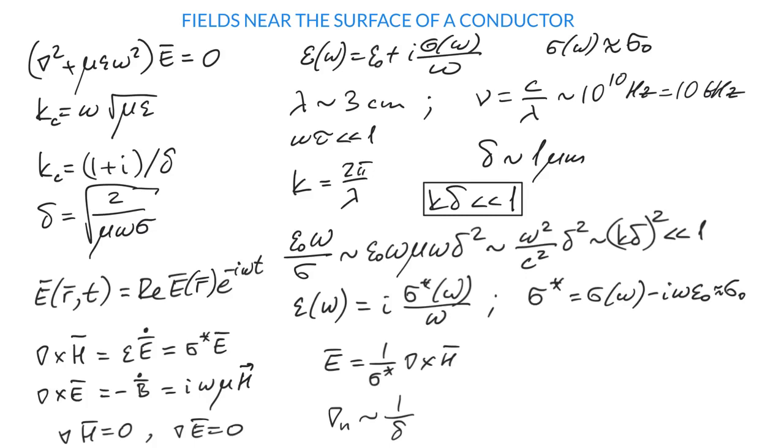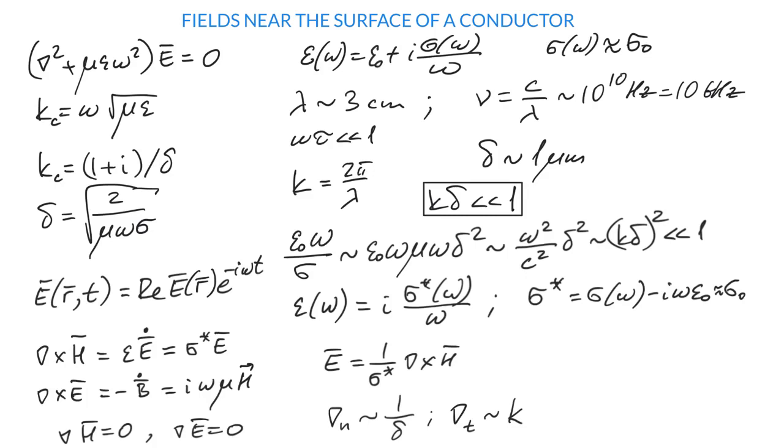Why is that? Well, we know that because the k vector contains an imaginary part of order delta, the fields decay on the length scale delta. So d by dz, where z is perpendicular to the surface, will give us something divided by delta. Now, derivatives parallel to the surface, let's call it delta tangential, will give us something of order k.